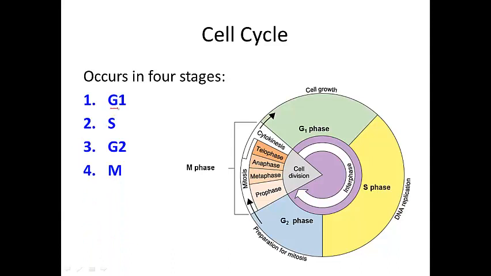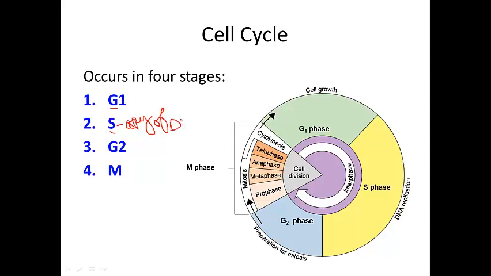G stands for growth. So the first time the cell grows, it's going to grow to a mature size and just do its normal metabolic functions, making proteins, making organelles, etc. The S stands for synthesis. What's being made in the synthesis phase is a copy of DNA. The DNA has to be copied before a cell divides so that each cell has the same amount of DNA.